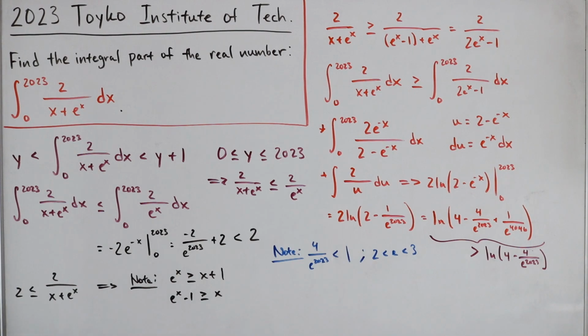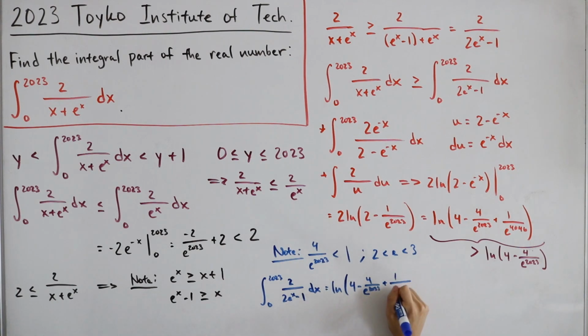Now to reiterate all this together, the integral from 0 to 2023 of 2 divided by 2e^x minus 1 dx is equal to the natural log of 4 minus 4 divided by e to the 2023, plus 1 divided by e to the 4046.